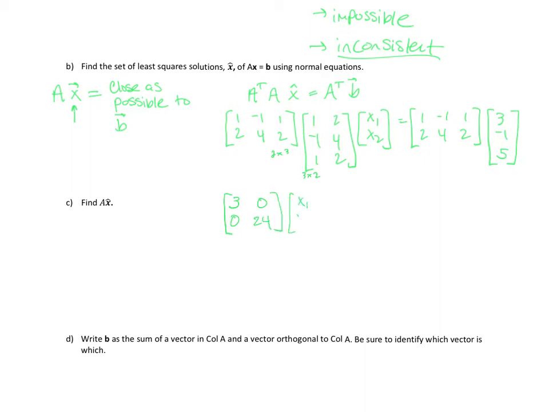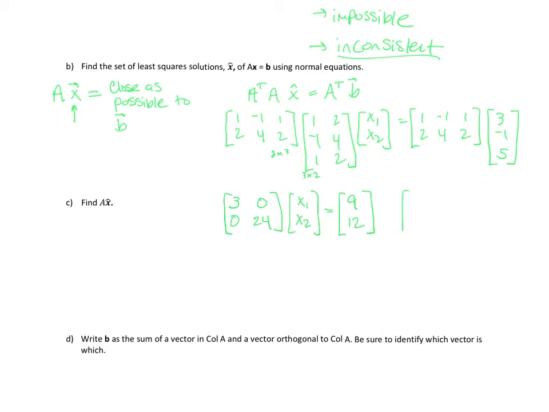Times x1, x2 equals, 3 plus 1 plus 5 is 9. And then second row times the vector, I get 6 minus 4 is 2, plus 10 is 12. Then I solve this just by row reducing.